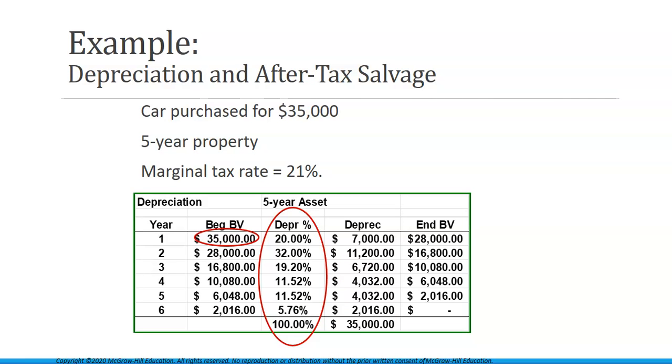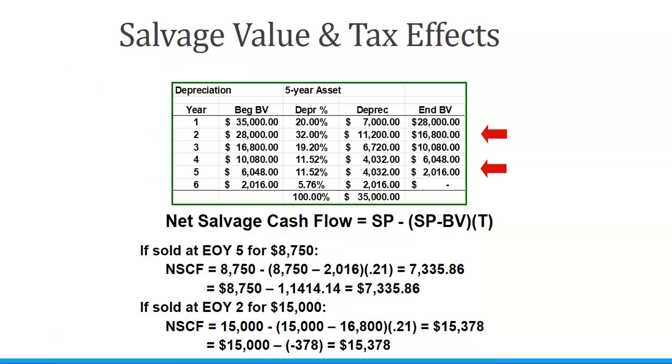So suppose we purchased a car for $35,000. A car is a 5-year property for MACRS tax, and we have a marginal tax rate of 21%. We use the MACRS depreciation schedule to depreciate that car over its useful life. This is a 5-year asset using the half-year convention, so we have 6 years.